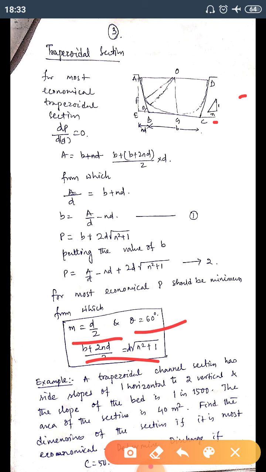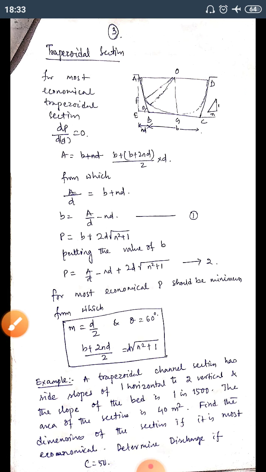And one example is there. A trapezoidal channel section has side slopes of 1 horizontal to 2 vertical, and the slope of the bed is 1 in 1500. The area of the section is 40 meter square. Find the dimensions of the section if it is most economical and calculate the discharge if C is equal to 50.